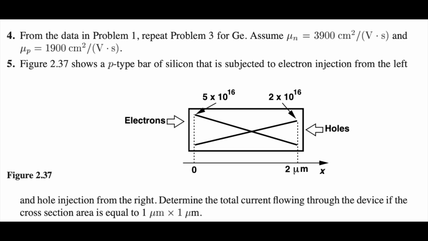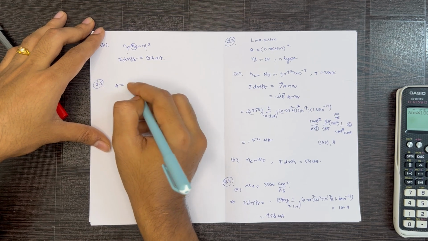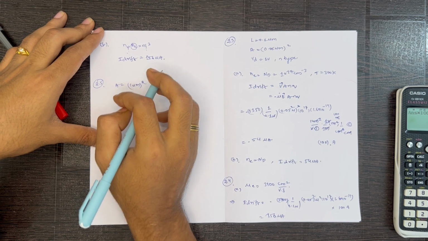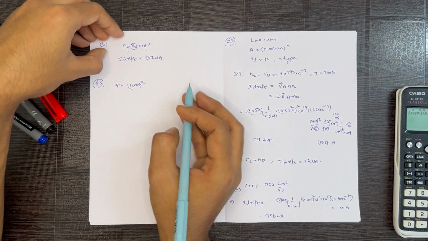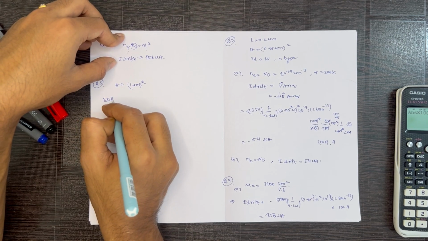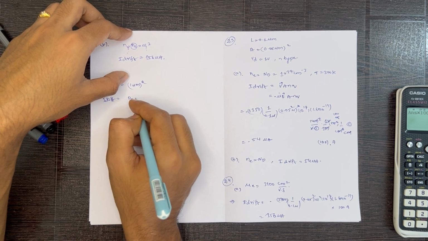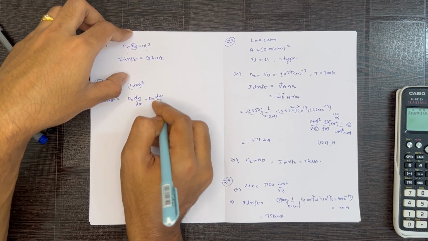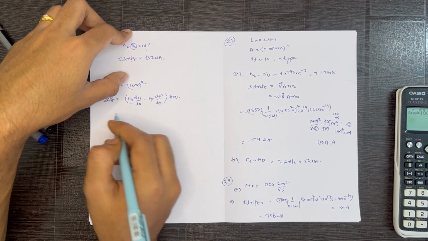Determine the total current flowing through the device if the cross-section area is 1 micrometer square. There is no external voltage, so the current will be due to diffusion. The current due to diffusion will be dn by dx minus dp by dx, into A into q.